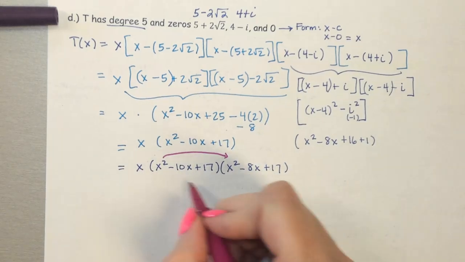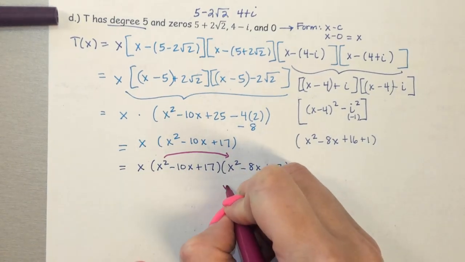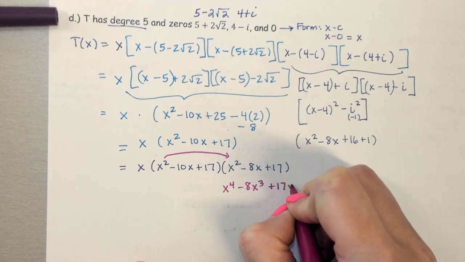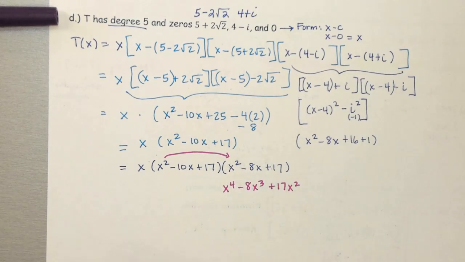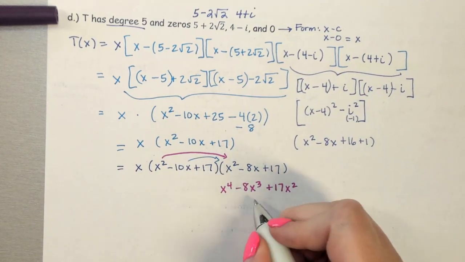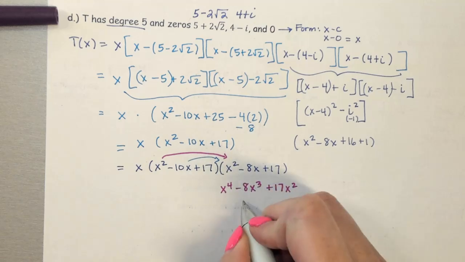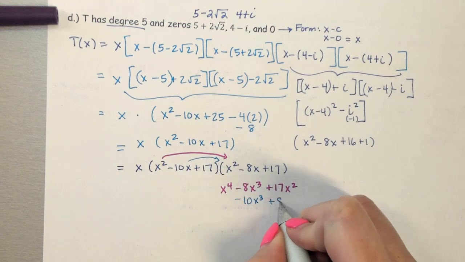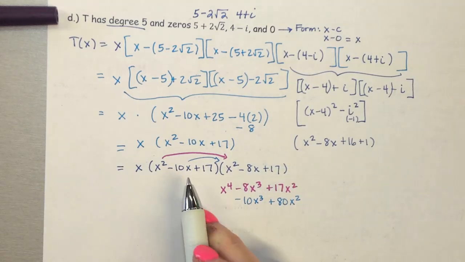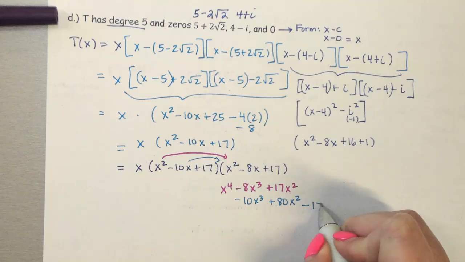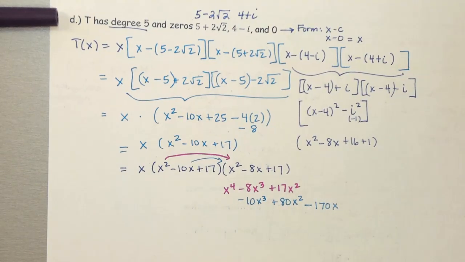So if I distribute x squared to everything, I get x to the 4th minus 8x cubed plus 17x squared. Okay, then I'm going to distribute the negative 10. So that gives me negative 10x cubed. Negative times a negative is a positive. Negative times a positive is a negative.